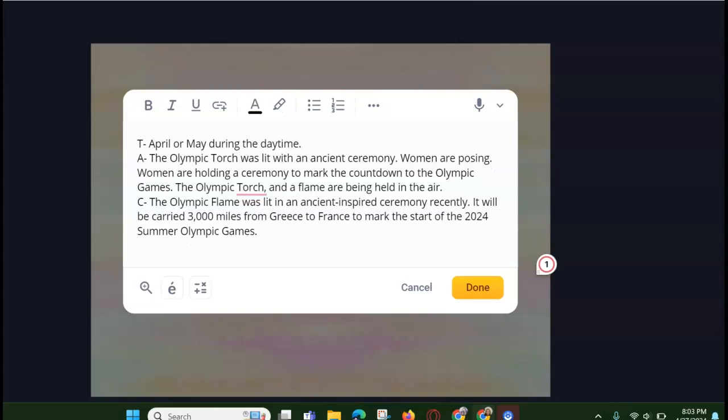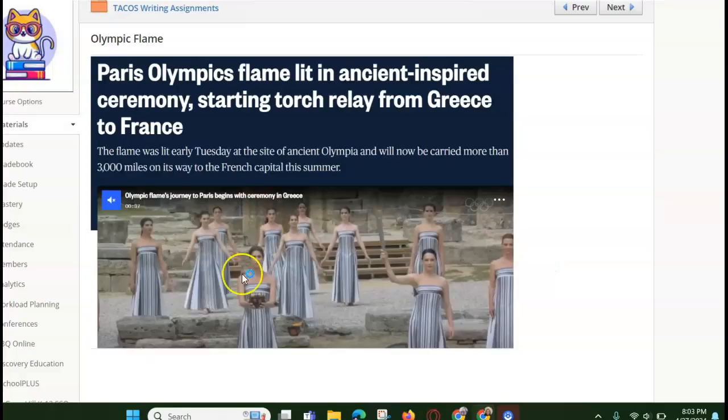All right. O, what objects are being seen in the picture? Oh, we have a lot. We've got stone, stairs, a torch, a flame, an urn, dresses. Like we can say a lot of things here.